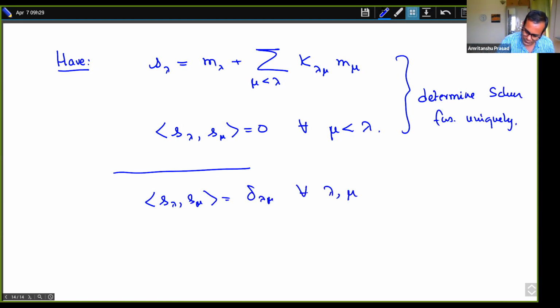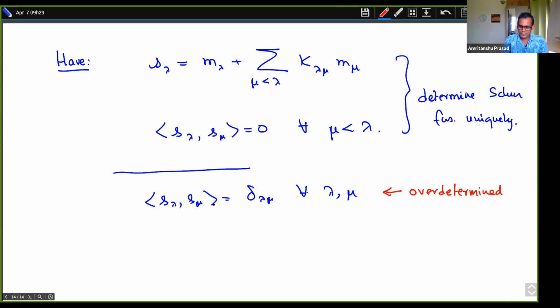So what this means is that this is over-determined. These extra identities come for free, and it would not at all be clear a priori, if we just started with m lambda, had some inner product on our space, and applied the Gram-Schmidt process, that these identities would follow.